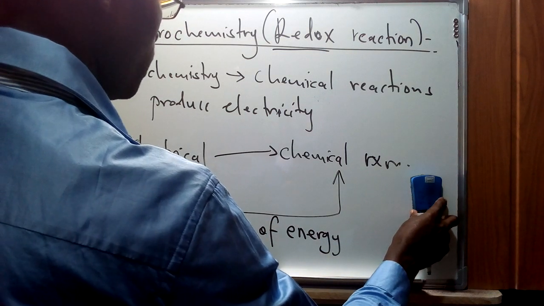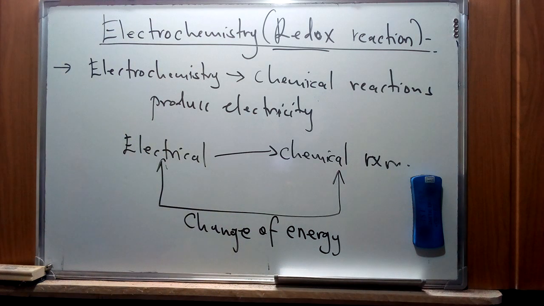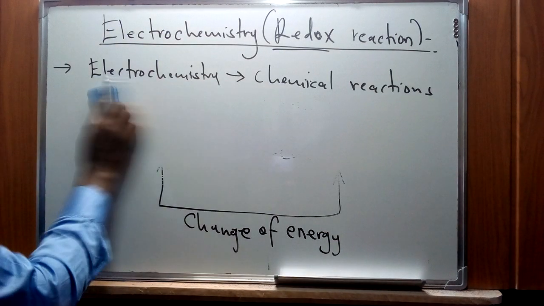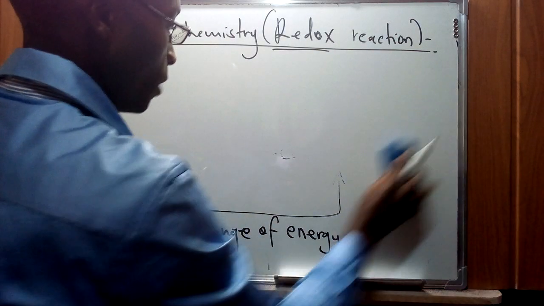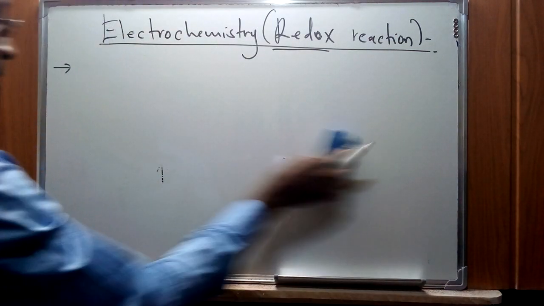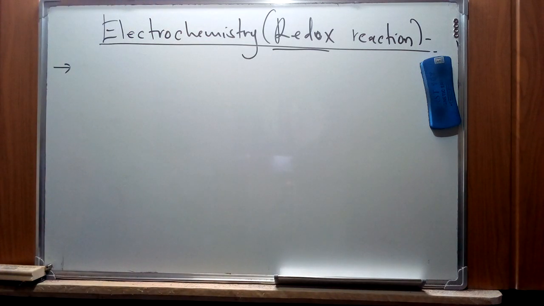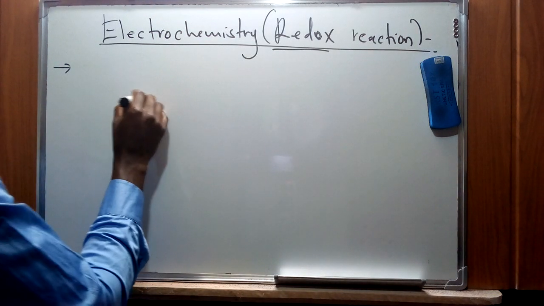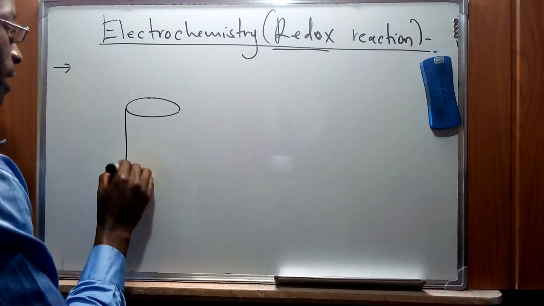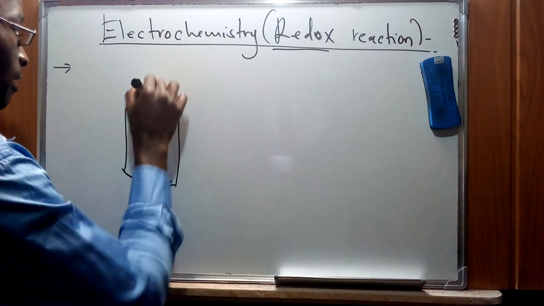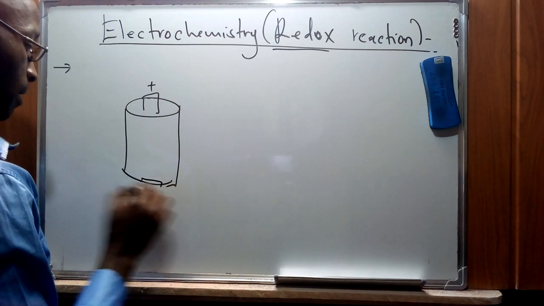Now, as we talked about in some of the concepts we have already discussed in some of our videos, the different forms of energy that we have can change from one form to another. From the law of conservation of energy, we say that energy can be changed from one form to another. For instance, if I give a demonstration, this is a dry cell that contains a positive and a negative.